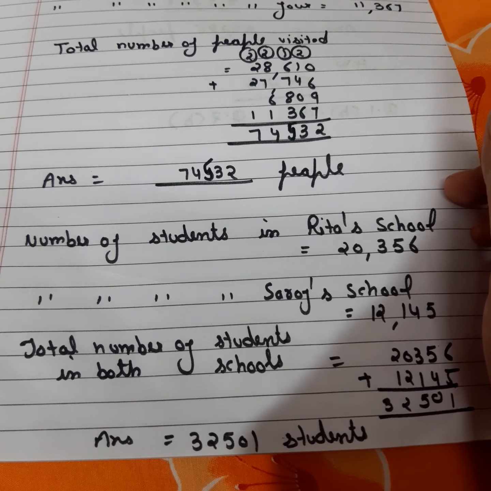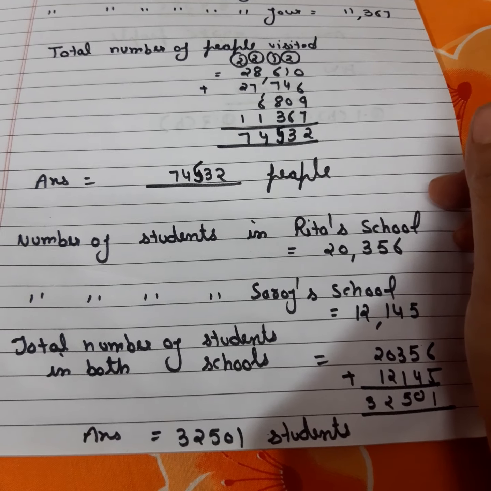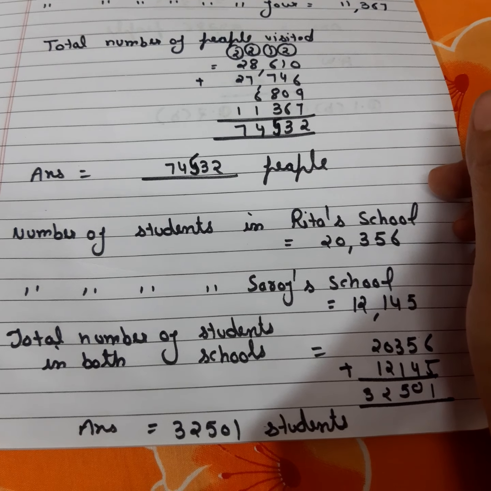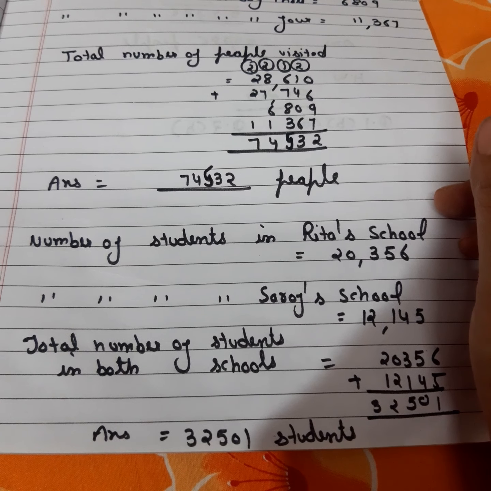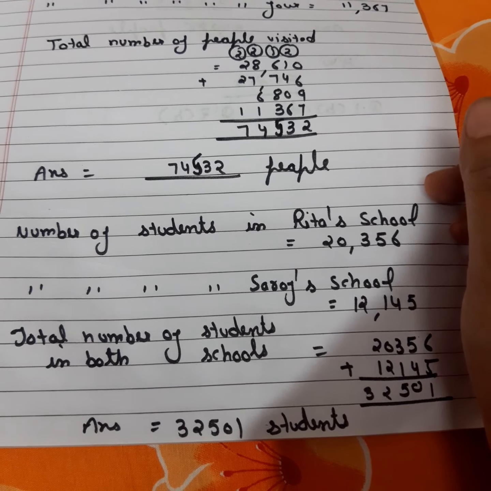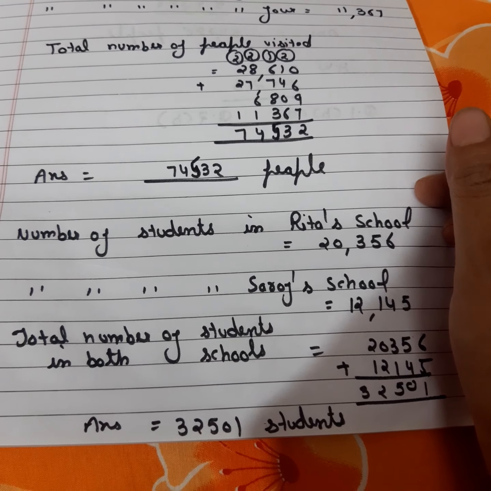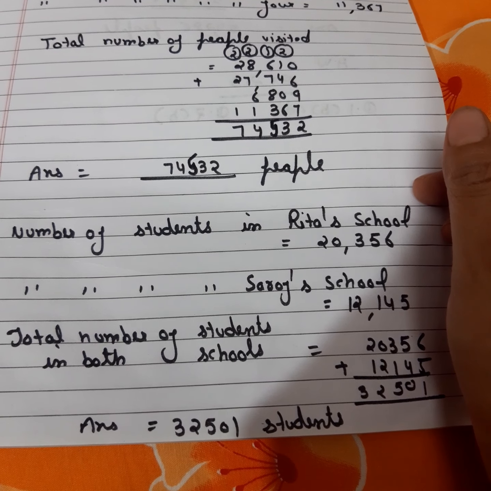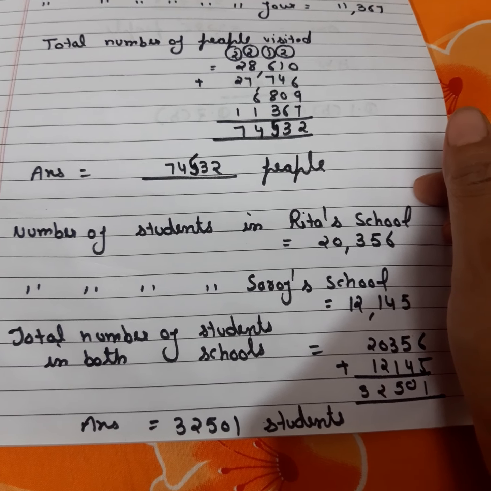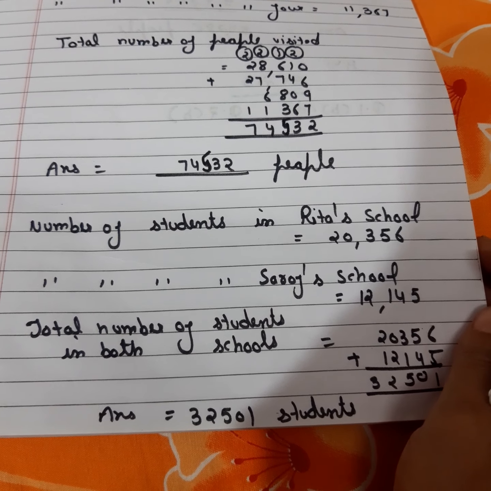Now the question number 2 of the same exercise, it is given here that there are 2 girls, Rita and Saroj. And it is given the number of students in Rita's school and the number of students in Saroj's school. And to make it confusing, it is given the distance of Saroj's school from Saroj's home, and we have to just calculate the total number of students in both the schools.